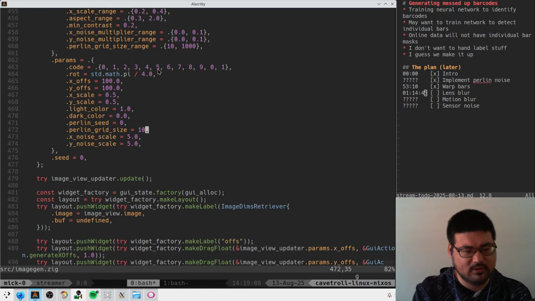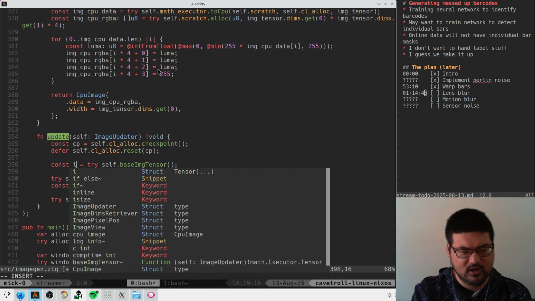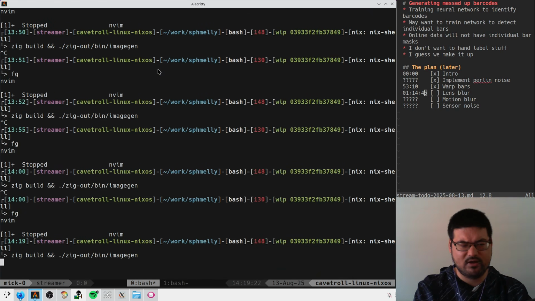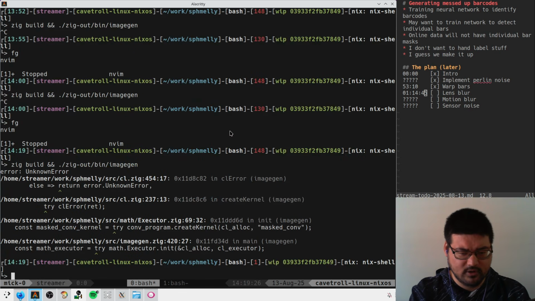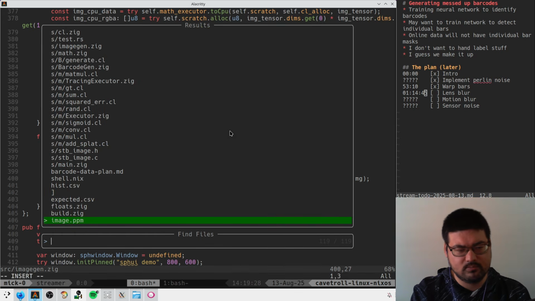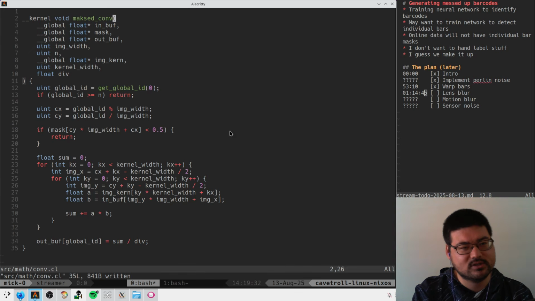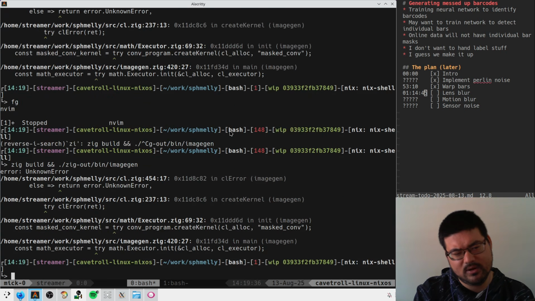So when we generate images, we have update somewhere on this, and we want to take this as the input image. Then we have the output image. Now everything should still be working the way it was before, but it's not. Because what? Conv CL mask conv does seem right. He's not complaining about it.